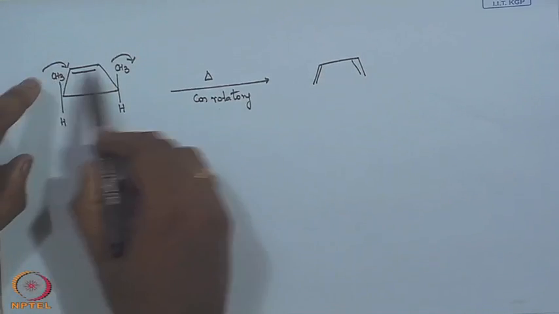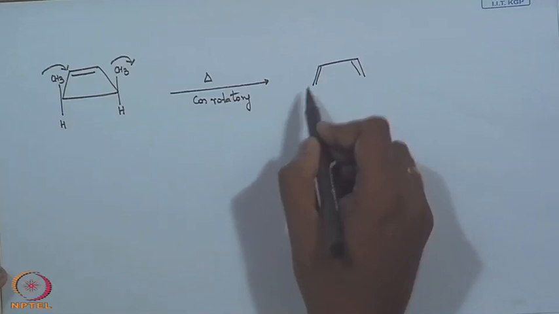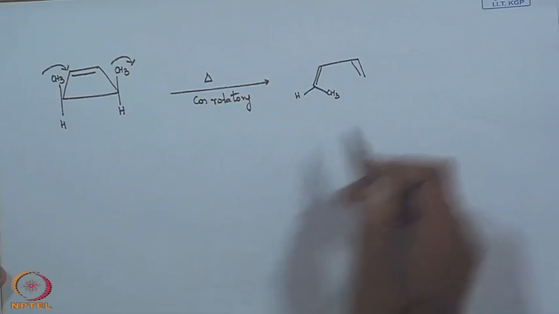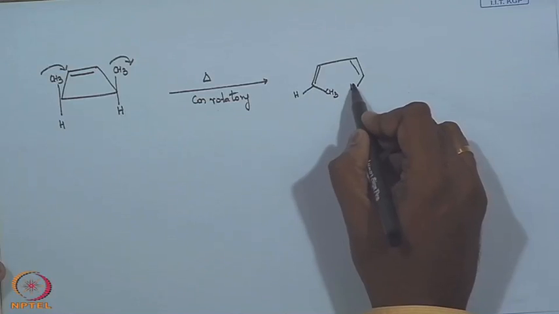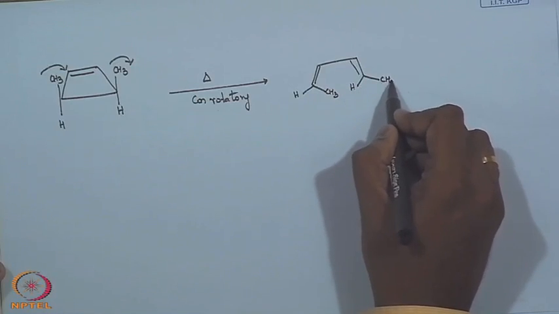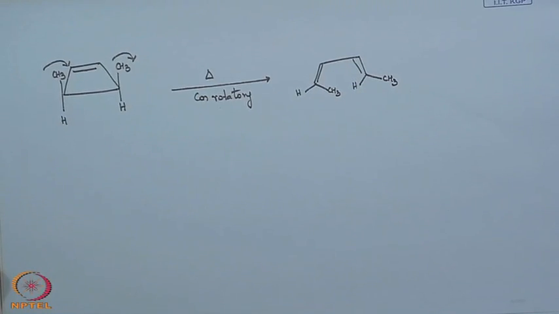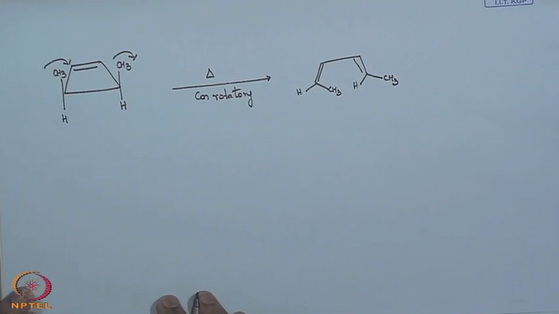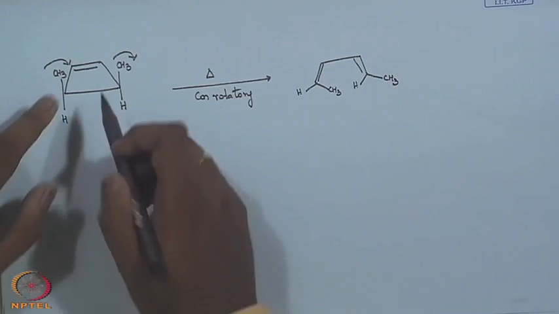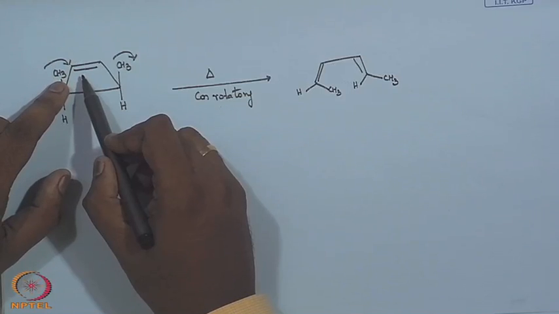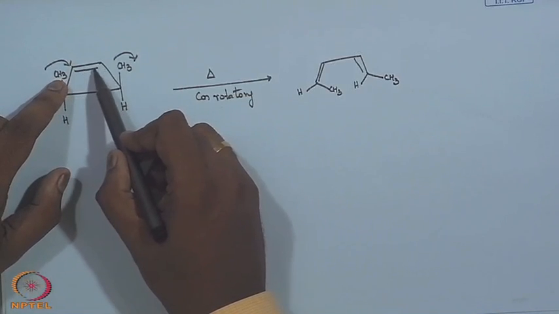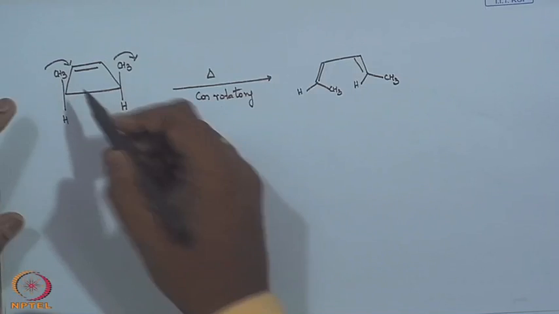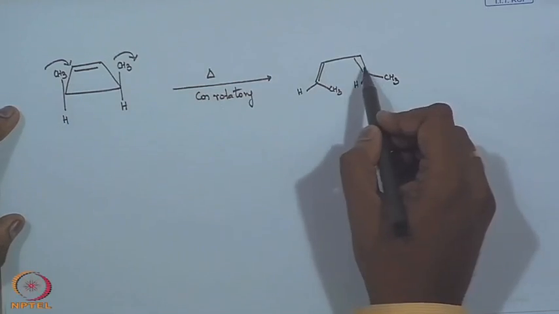Because it is con, both should go in the same direction. So, I have a hydrogen here, a methyl here, a hydrogen here, and my methyl here. Clear? This is for conrotatory. Any doubt? I am just considering this pi system only. For me, it is a 4n plus 2 system, because I am not including this one. Okay, but anyhow, these electrons are involved to form this pi system, that is different.